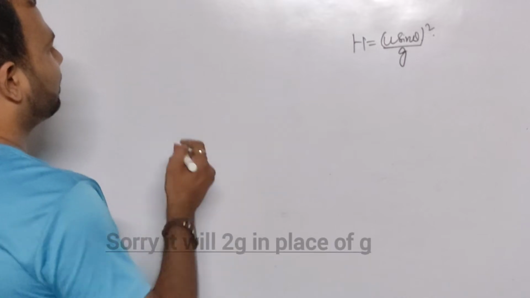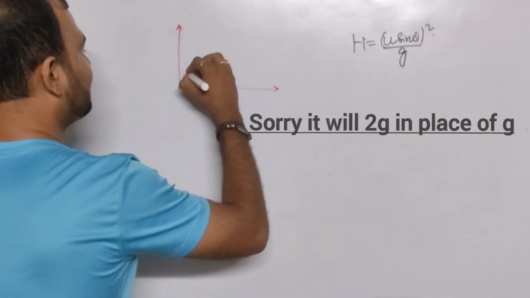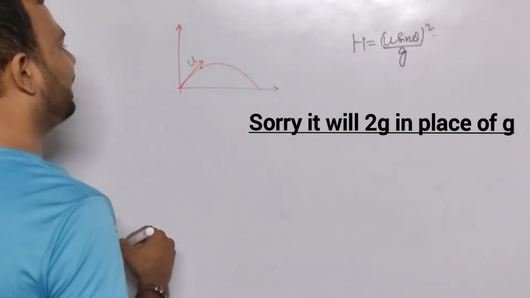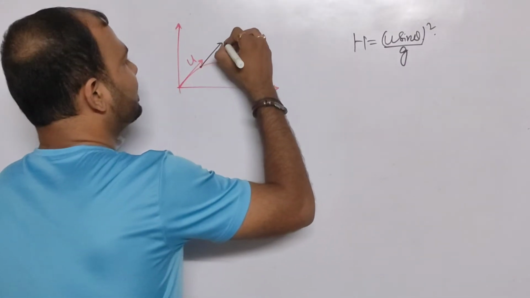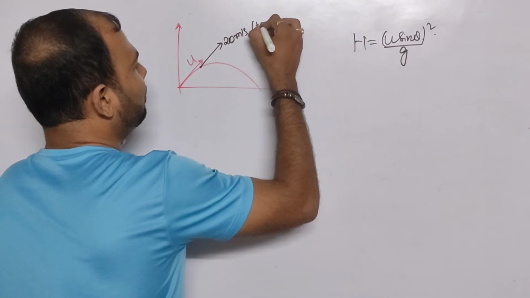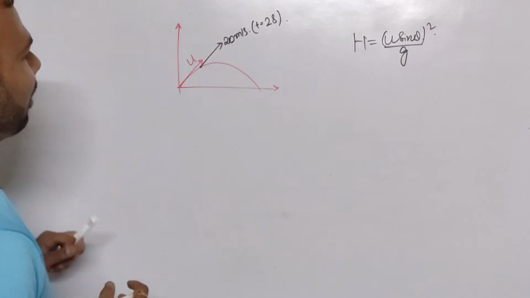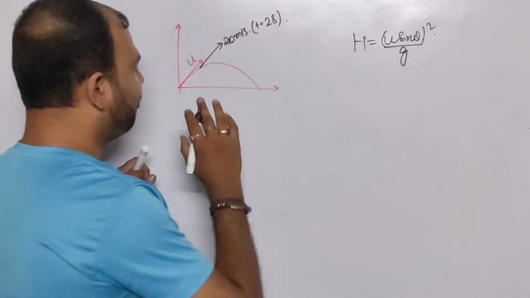First, we are going to draw the reference axis. The ball has been projected with the initial velocity. After t equal to 2 seconds, the velocity is 20 meter per second. Okay, so how to find the initial velocity?